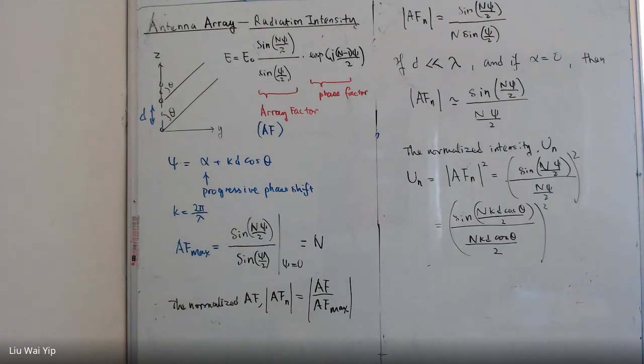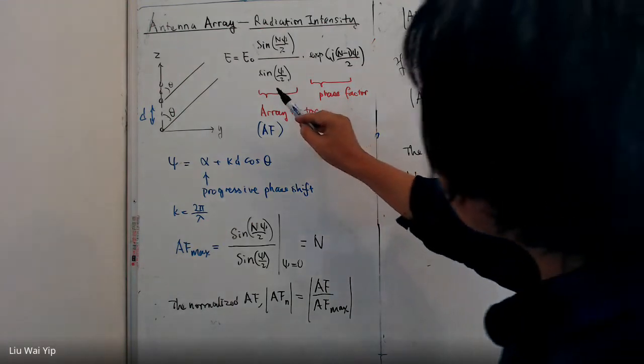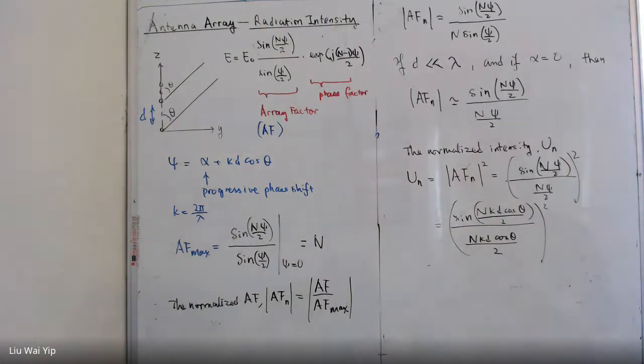And now what we need to do for the next step is to work out the average intensity. This average intensity is also normalized. By normalized, it means it has been divided by the maximum.